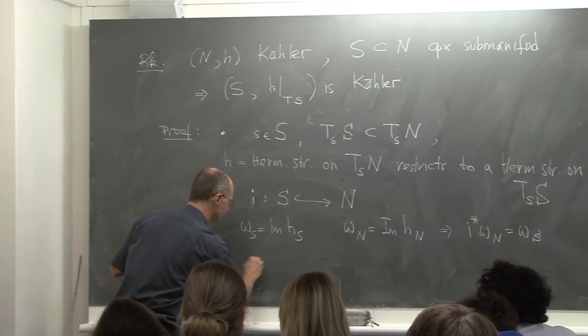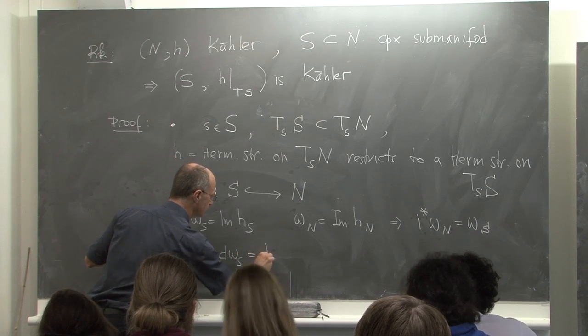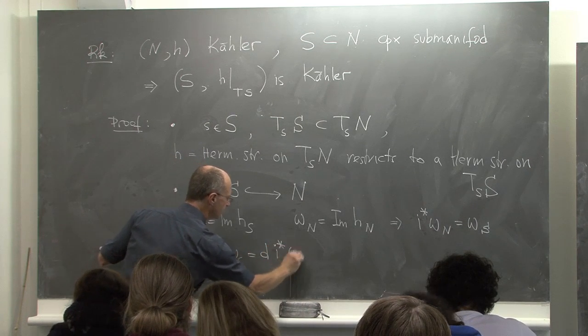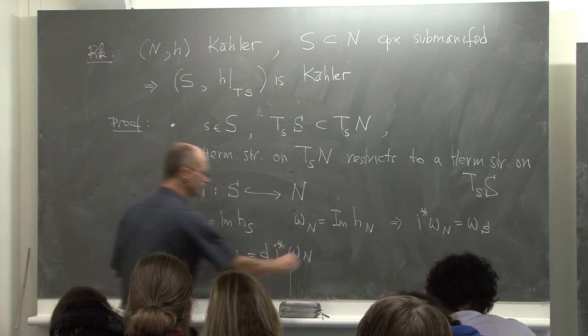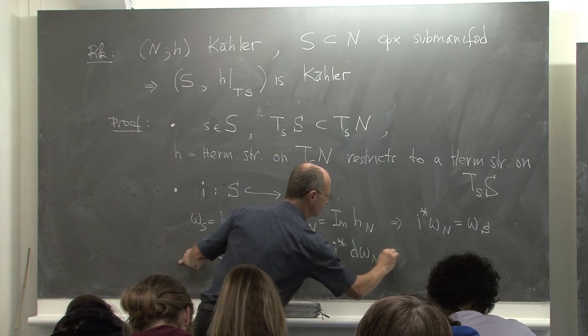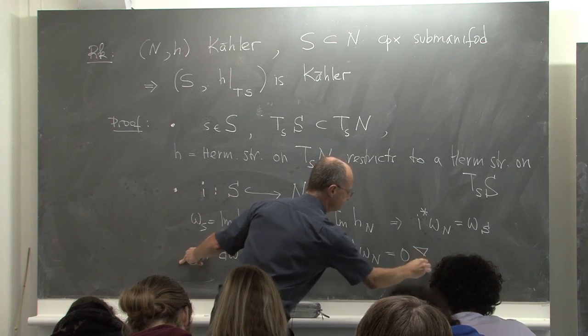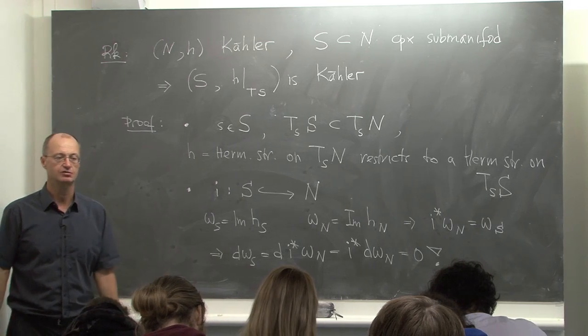But this means a very nice thing, that d omega_S is d of iota star omega_N. And this means this is iota star of d omega_N, and this is 0. So you just automatically get this differential equation.